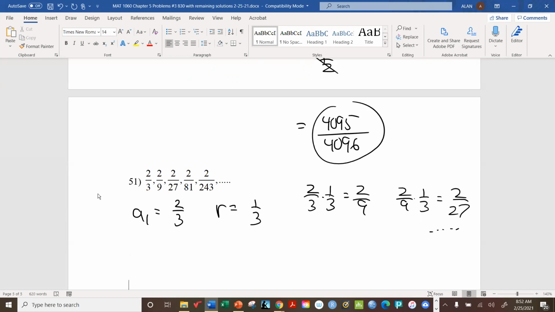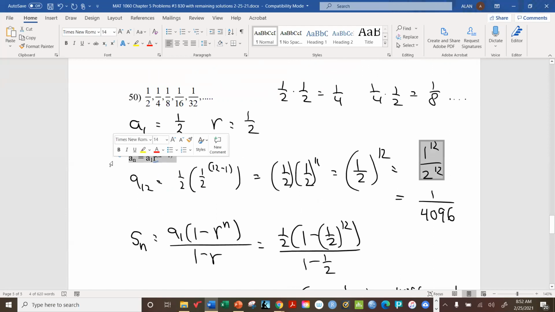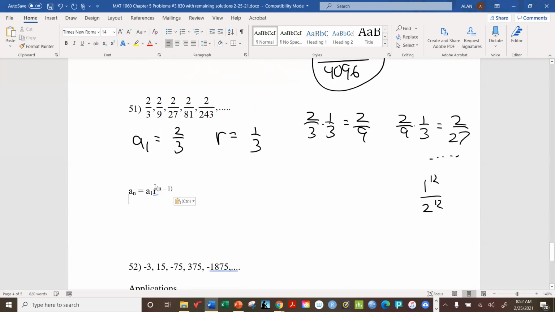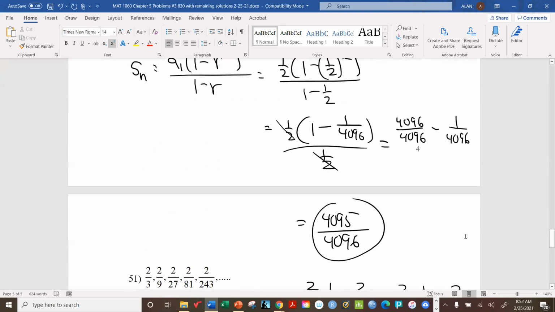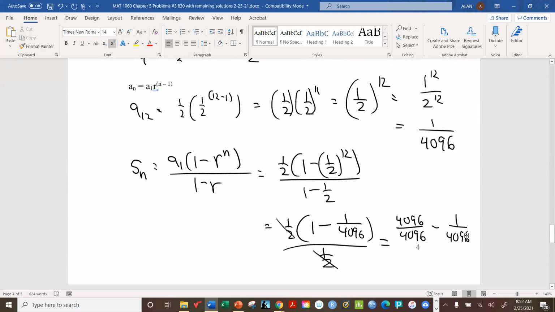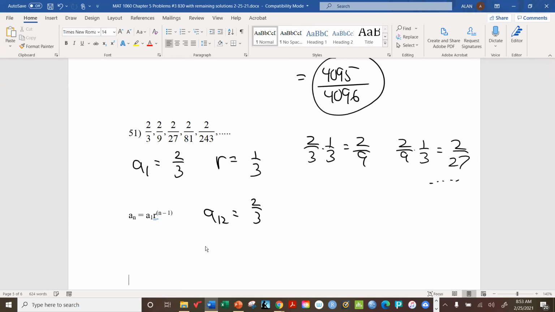So these are fine. Now, again, to get to the 12th term, we'll need this formula. Two-thirds times 1/3 to the 12 minus 1 power.